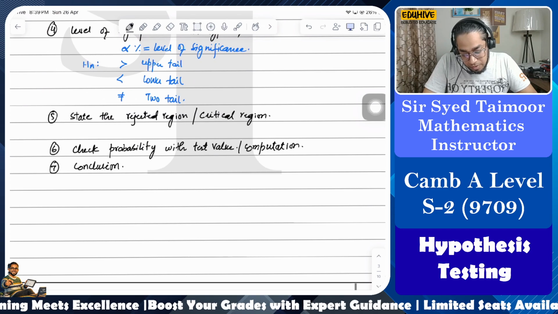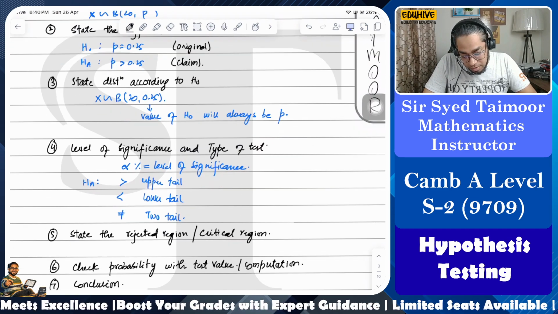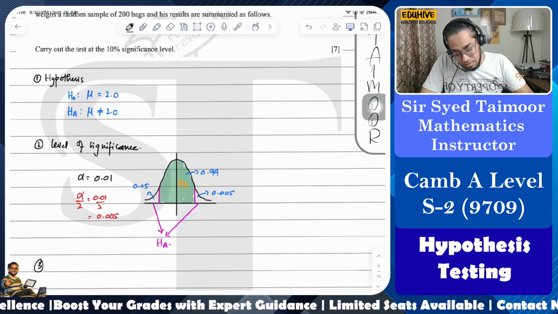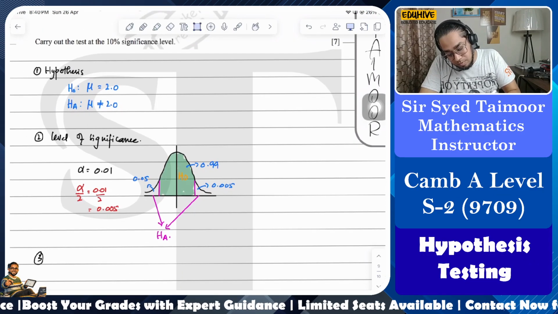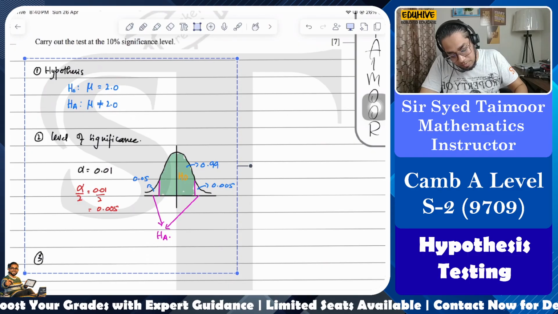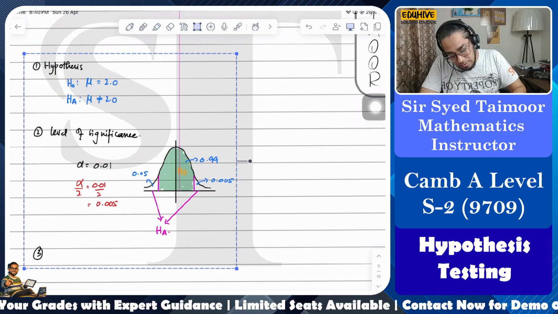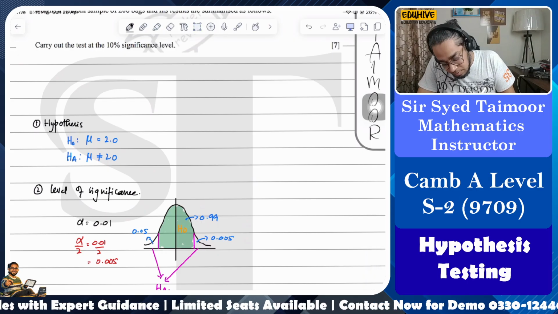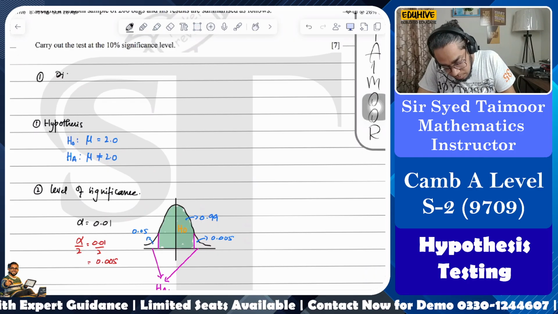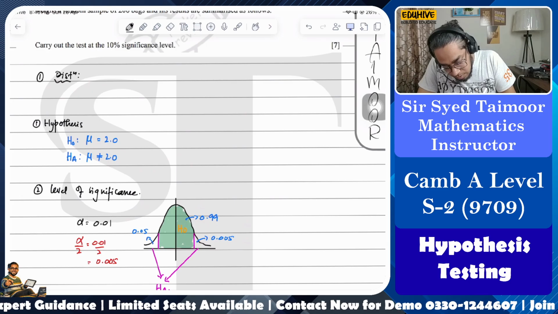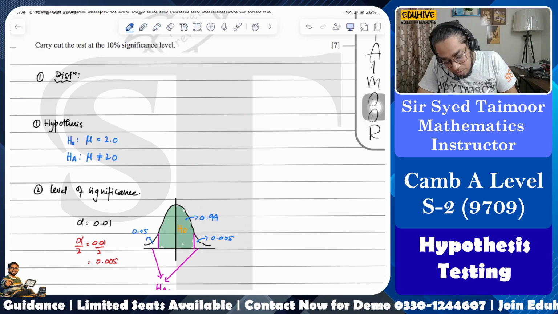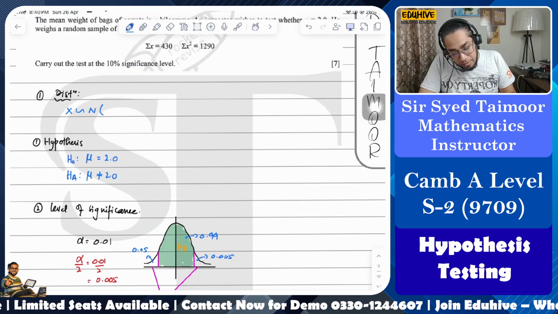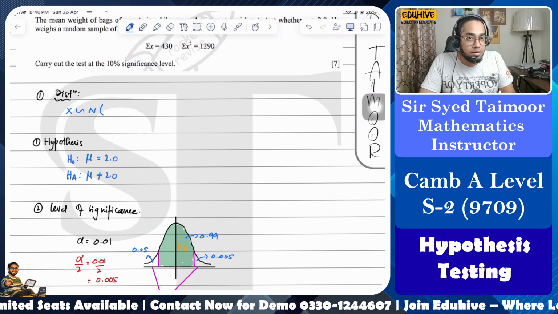We just need to write one more thing, defining the distribution, and then we will go for the calculation. So X follows a normal distribution, and we do not have exactly the mean and those things.